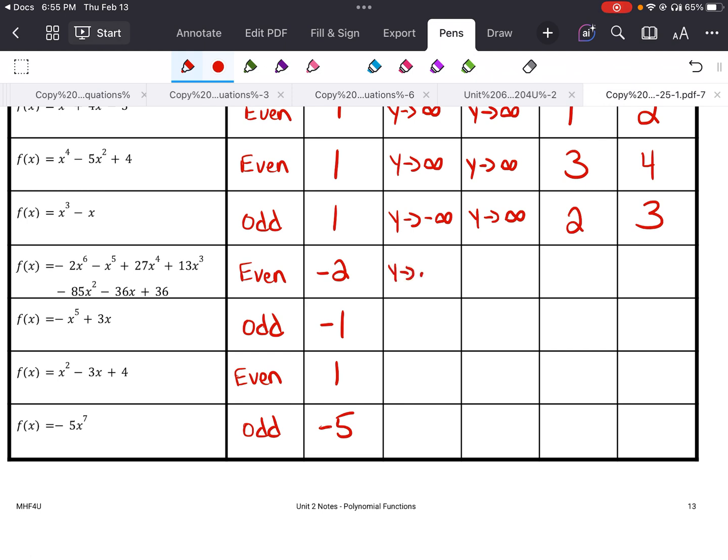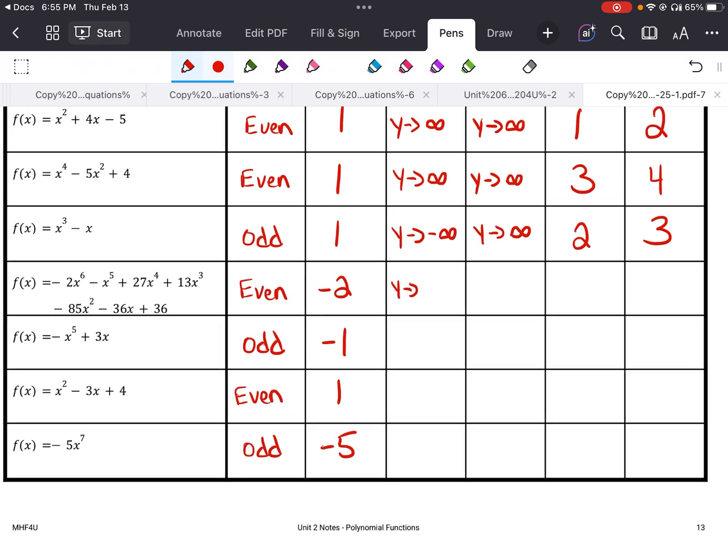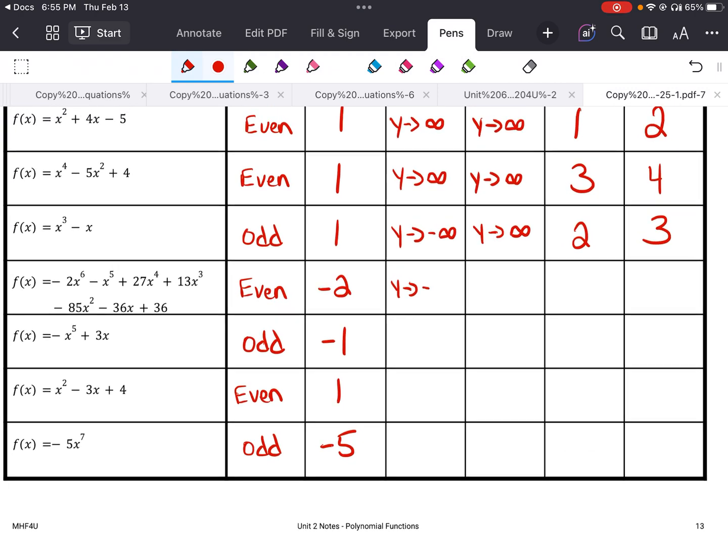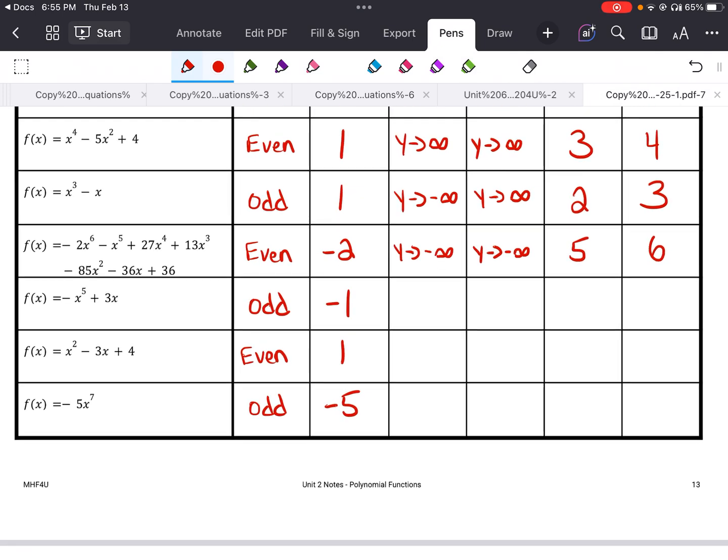Even degree 6, so arrows facing the same way. Now this was a negative 2 coefficient, so that means the arrows are both facing down. It's a 6, so there are 5 possible turning points and 6 possible x-intercepts. Okay, again a negative, so it's flipped, but this time it's odd.